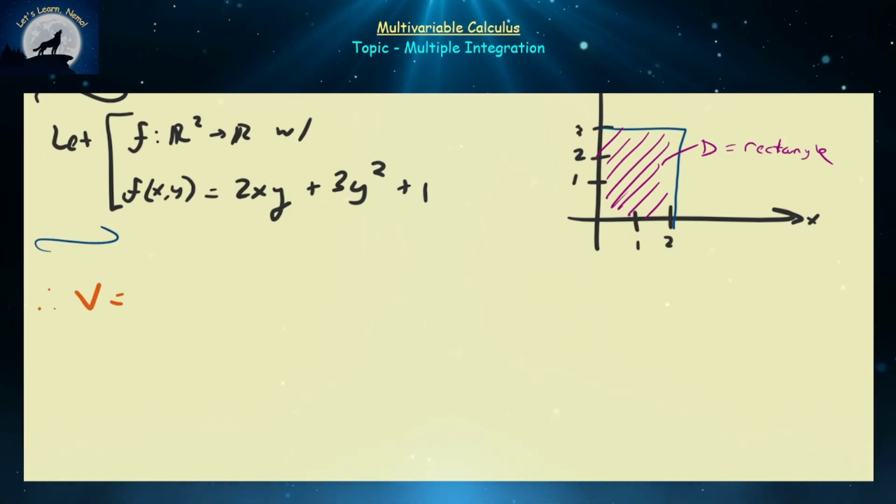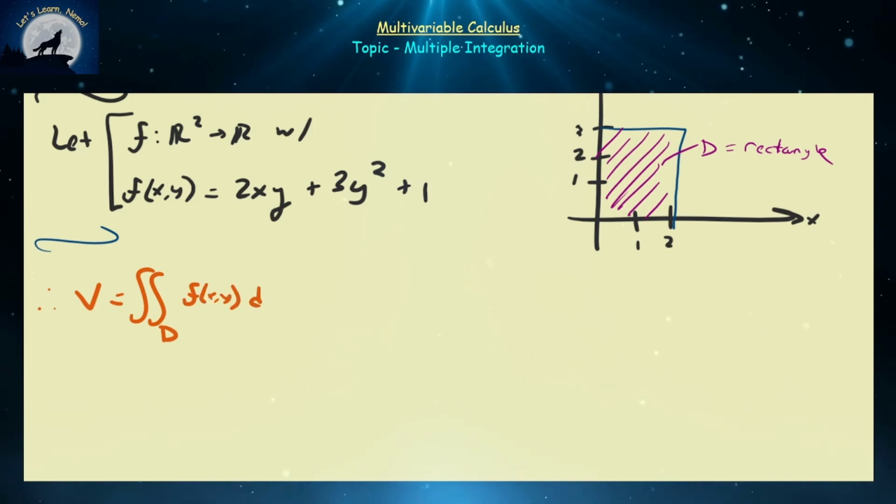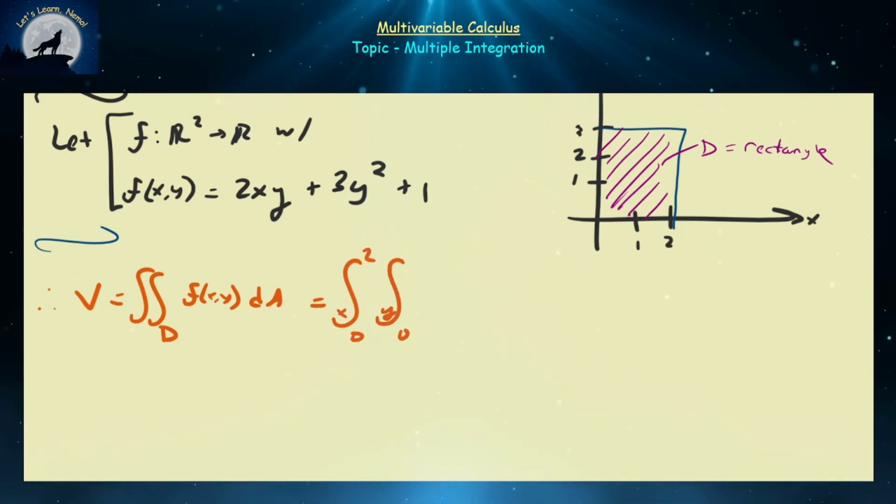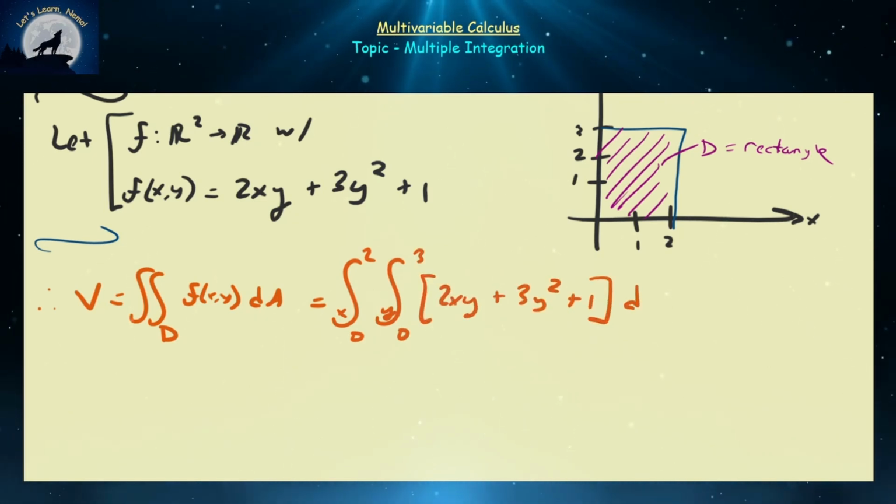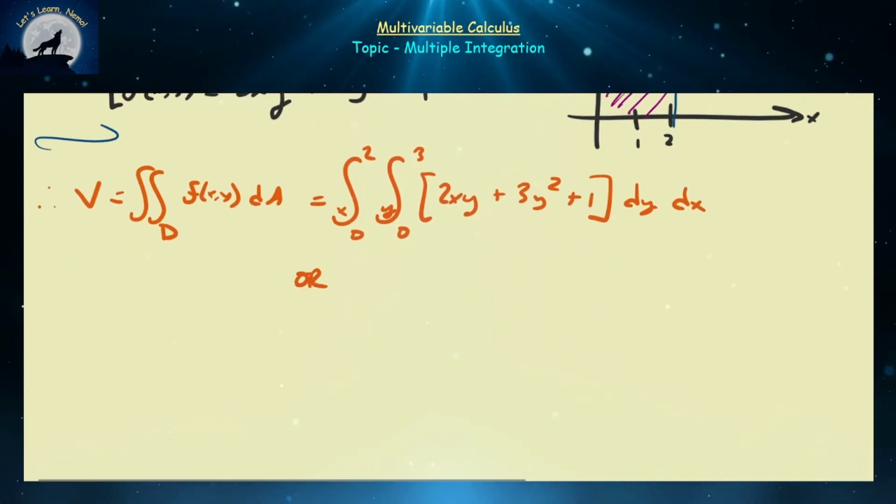So the volume is going to be equal to the double integral over D of f(x,y) dA. So we can do the x integral first. So x ranges from 0 to 2, followed by the y integral, which is going to range from 0 to 3, of 2xy plus 3y squared plus 1 dy dx. So that's one way you could go about it.